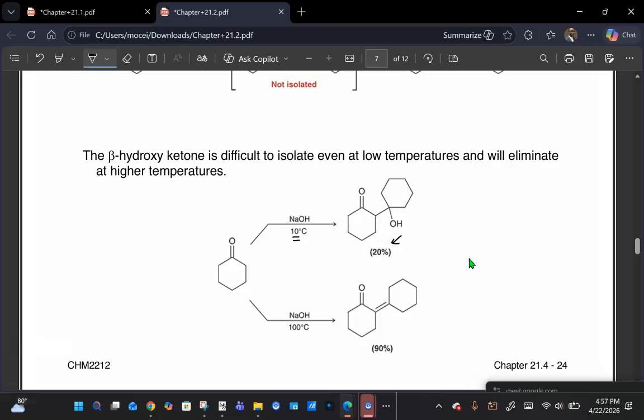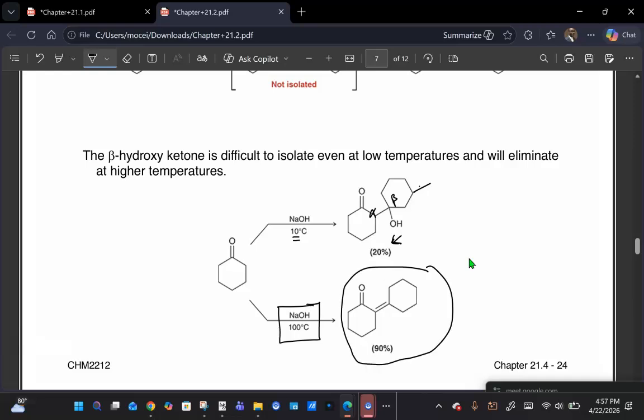The double bond is not going to show up, and the only thing you get is a very little amount of the beta hydroxy. But when you heat, you always get that. So you want to go all the way.